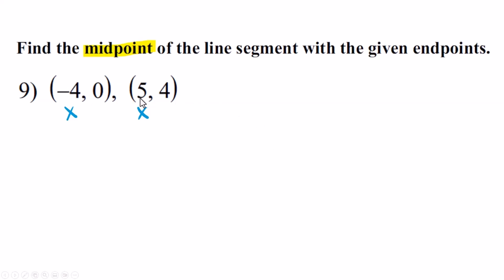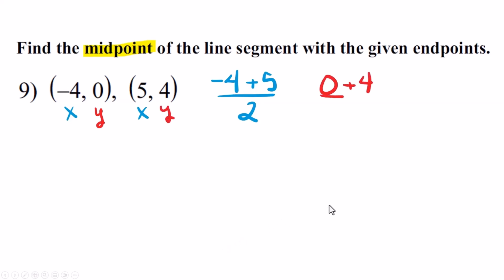But the middle is also the same thing as the average. So one thing you can do to find the middle is just add -4 plus 5 and split it in half. That's going to give you the middle. And we can do the same thing with the y's. 0 plus 4, split it in half. Whatever we get when we do these two pieces of math is going to be our answer.